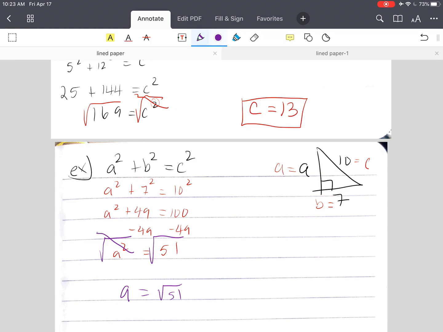Now, 51 is not a perfect square, right? 51 is not a perfect square, so it's going to be a decimal. Now, if you have a calculator right now, please type in the square root of 51 into your calculator and write down the decimals. You're going to realize, wait, that's not cool, maestro. It's super long.